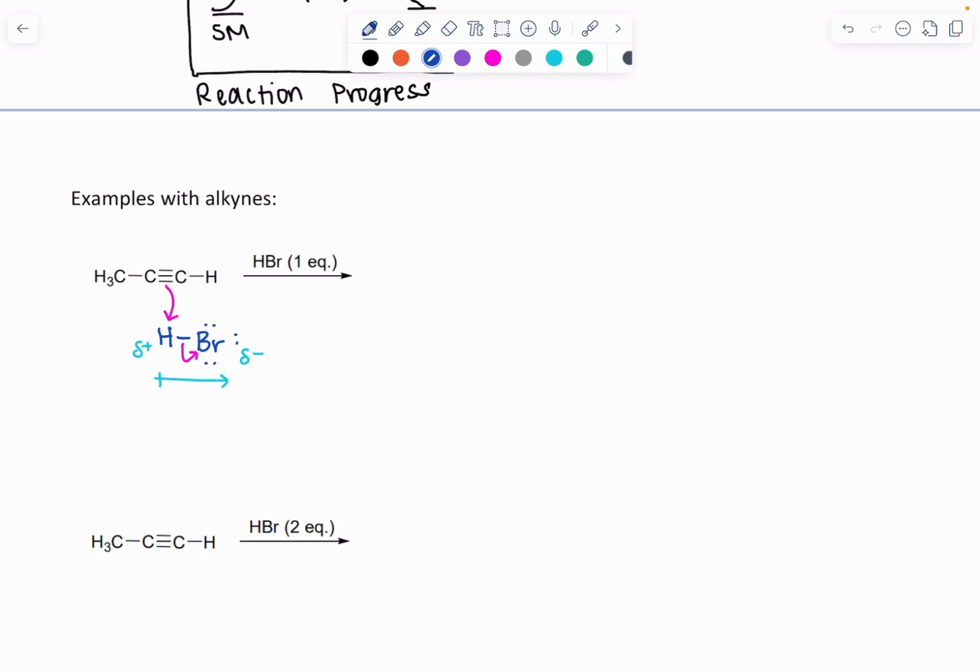So what happens here now is we have a double bond between those 2 carbons that used to have a triple bond. The hydrogen still gets added to the carbon with more hydrogens. So here's our new bond. We've generated a carbocation, and we have Br minus.